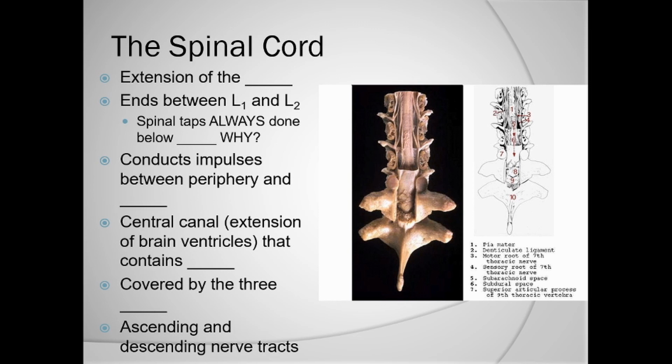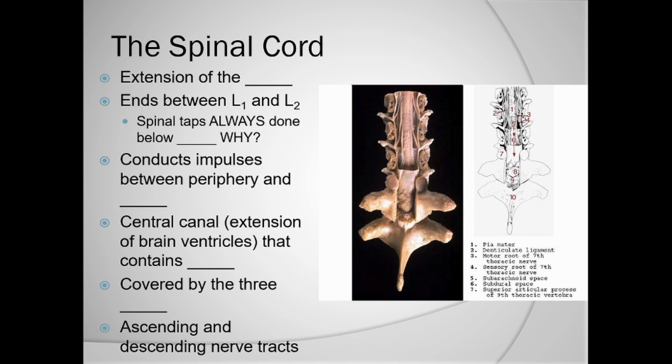And so that ventricle just extends way down the cord, and that's what contains the cerebrospinal fluid. It too is covered by the 3 meninges, the dura, the arachnoid, and the pia maters, just like the brain is. And it has what are called nerve tracts, ascending going up and descending coming down.